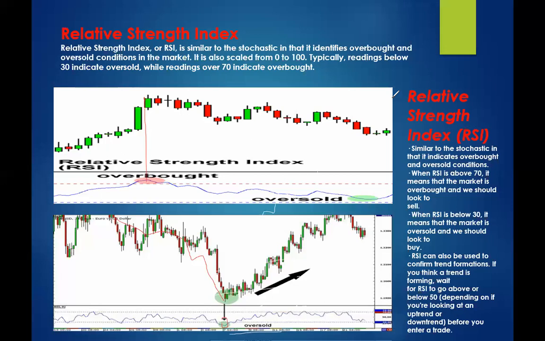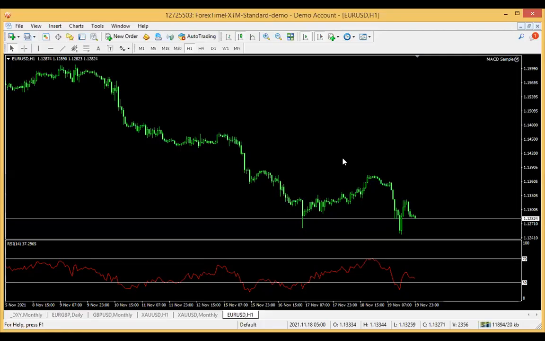So like I was saying, RSI helps us to navigate and see when the market direction has ended. Let us go to a live chart so you can see what I am saying. This is a live chart.